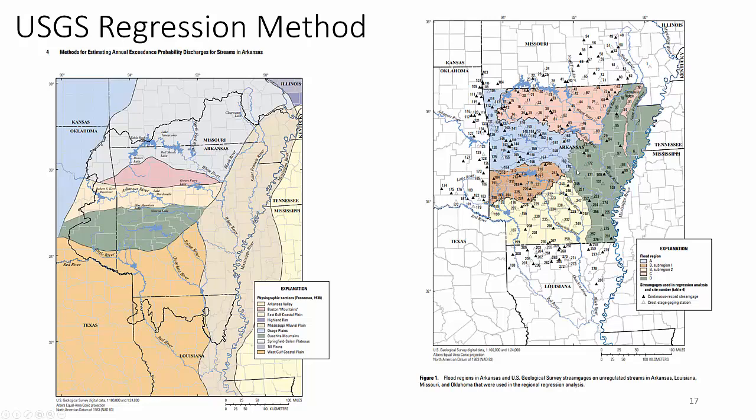Usually it's a floating ball with some sort of an indicator or in a channel which shows you what the maximum height was during some event. And those are read after the events. They're not continuous. So we have a pretty good network across Arkansas of gauging stations. And those gauging stations were used for developing the regression method in Arkansas.